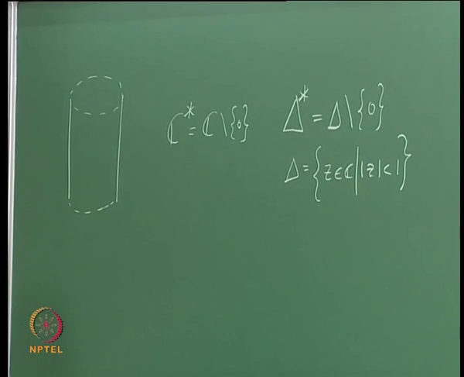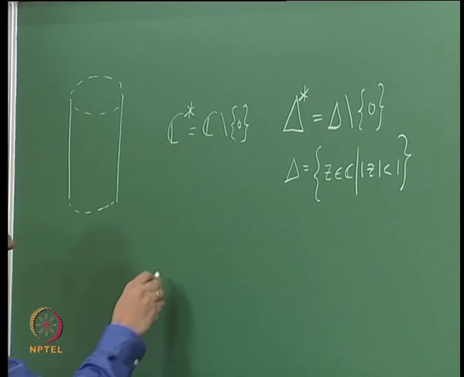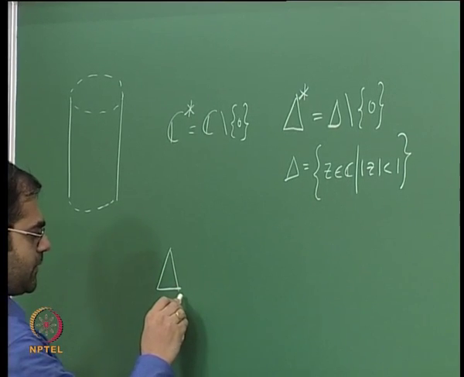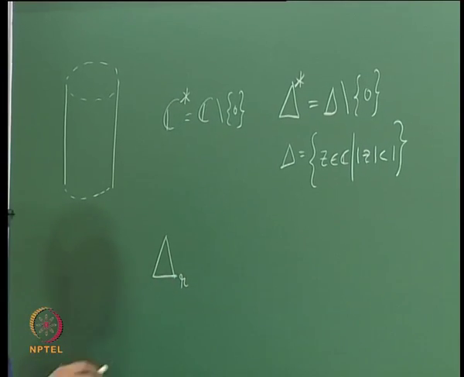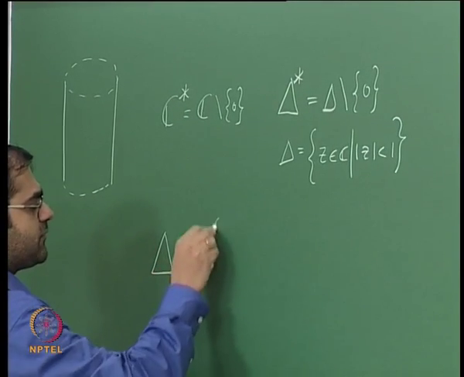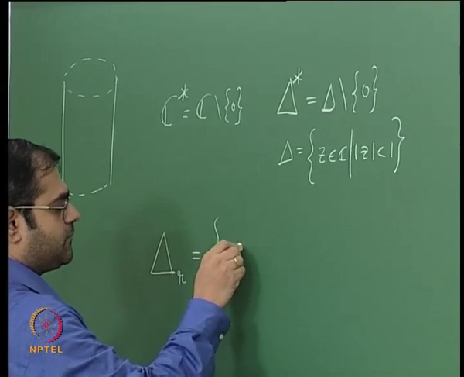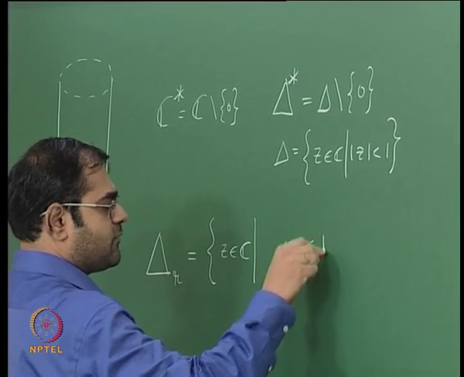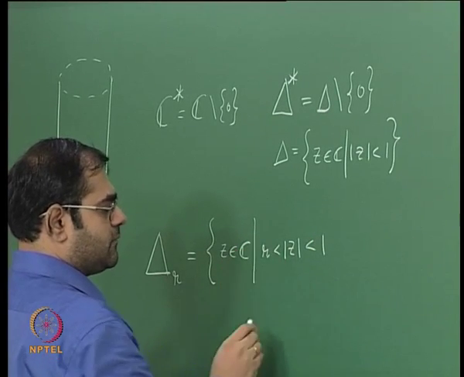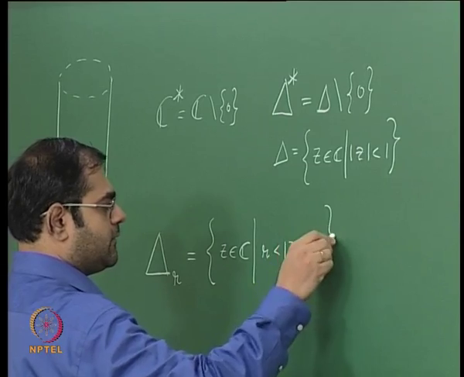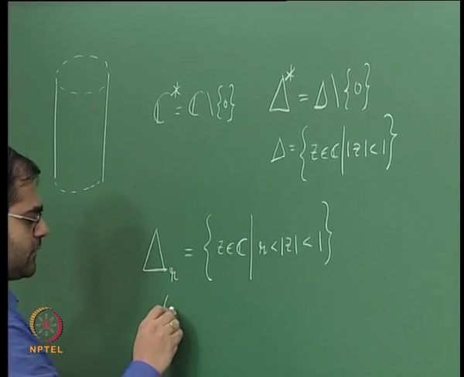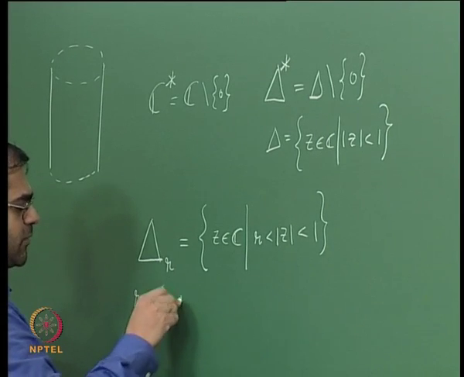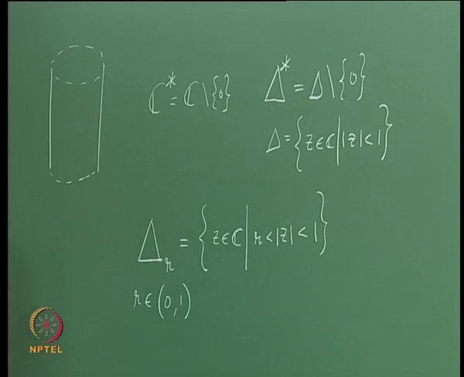And then of course I can also consider an annulus, delta r. So this is the set of all complex numbers z such that the modulus of z is less than 1 and greater than r, and here r is a positive real number, a positive fraction, an element of (0, 1).